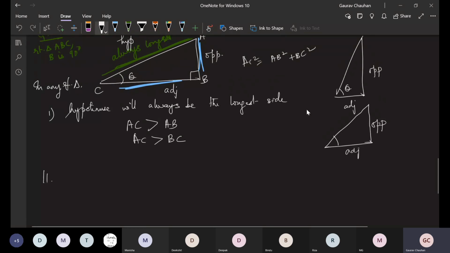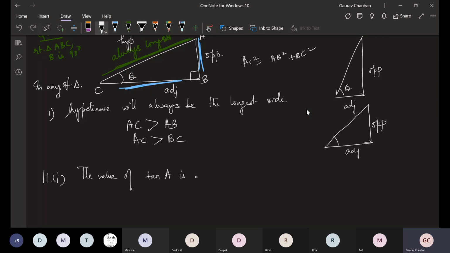This is 11th ka first question. The value of tan A is always less than 1.